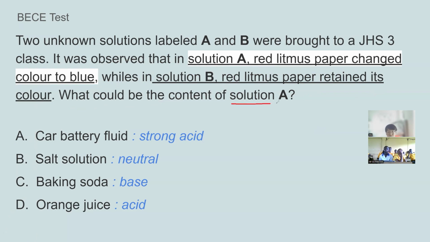So, we're looking at solution A. And what is solution A? I've highlighted here. It says a red litmus paper turned into blue. So it's a red to blue.